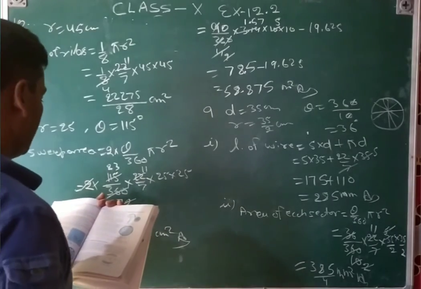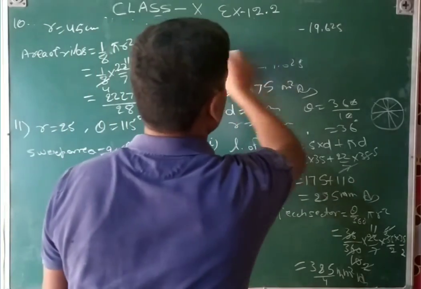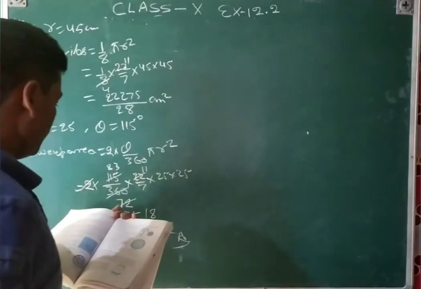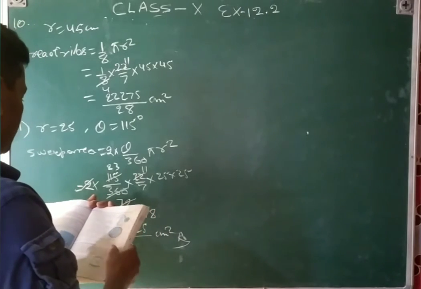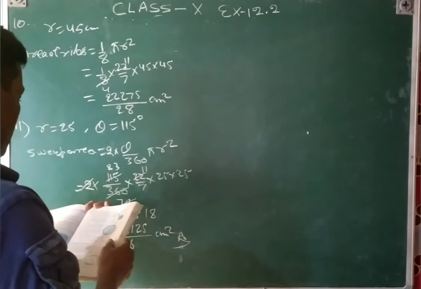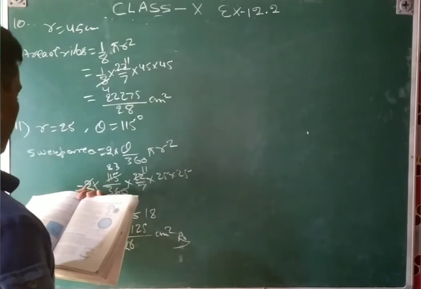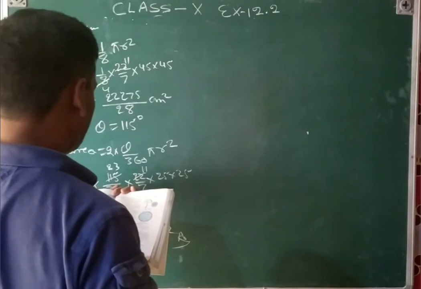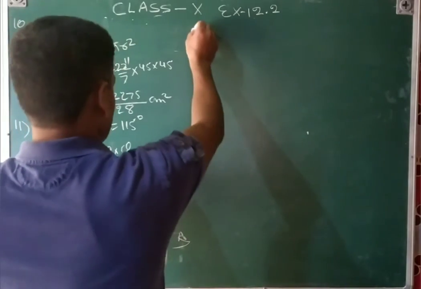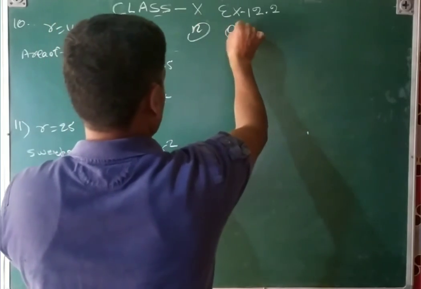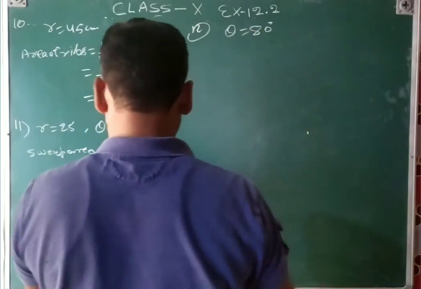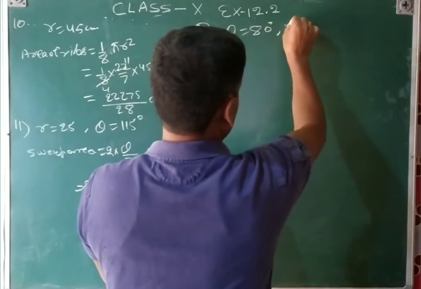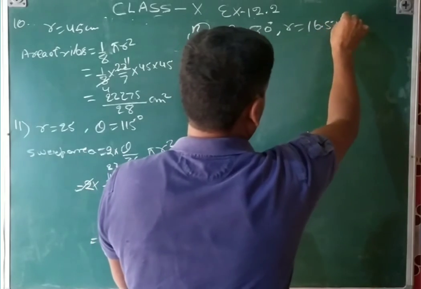And then the 12th question. A ship of underwater rock, a lighthouse spreads a red color light over a sector of angle theta is equal to 80 degree, and the distance is R, 16.5 km.